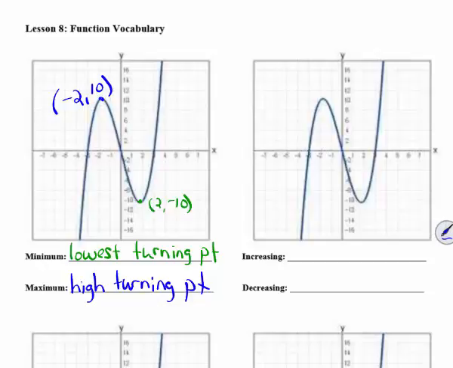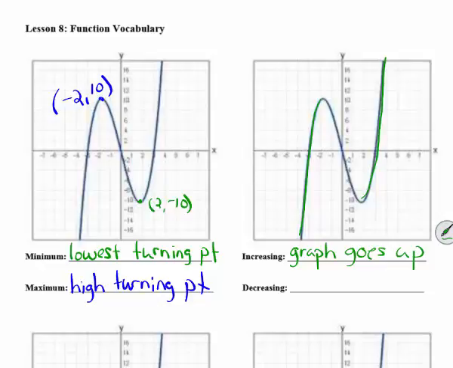Okay, same graph, talking about something different this time though. Increasing. Increasing is where the graph goes up. And we're going to end up using some interval notation here. So if you look, your graph is going up here, and I want you to color over it with your colored pencils, and it's going up here. It's increasing. So the intervals that it's increasing on, we're thinking about our x values for our intervals.